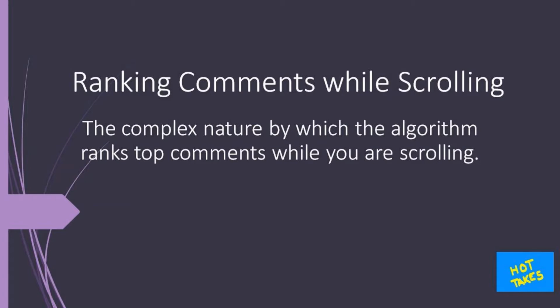What the YouTube algorithm does is, apart from the top comments, meaning the ones that are ranked at the very top, if you're scrolling through the YouTube comment section while watching the video, the YouTube algorithm automatically rearranges the comment section so that it will take matching phrases from the video, line it up with the comments, and you will see the comments relevant to actual words spoken in the video in correct chronological order.